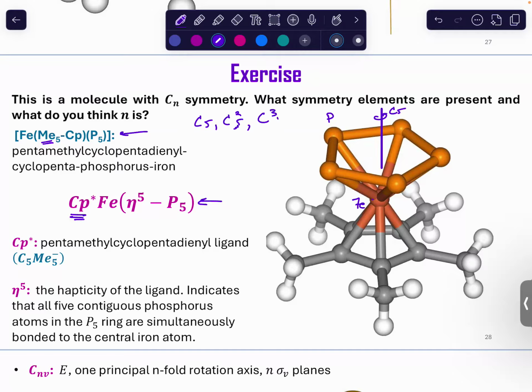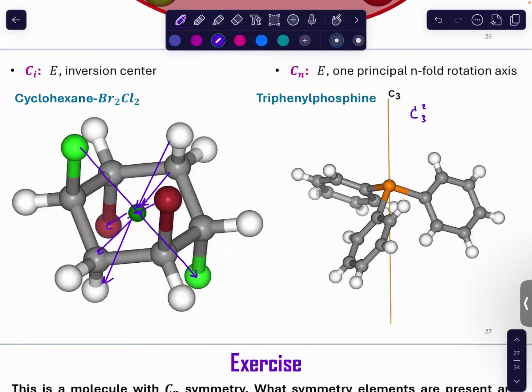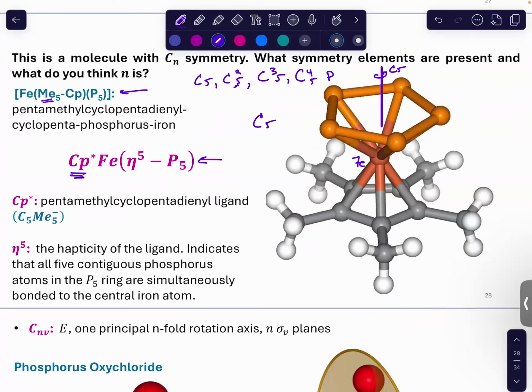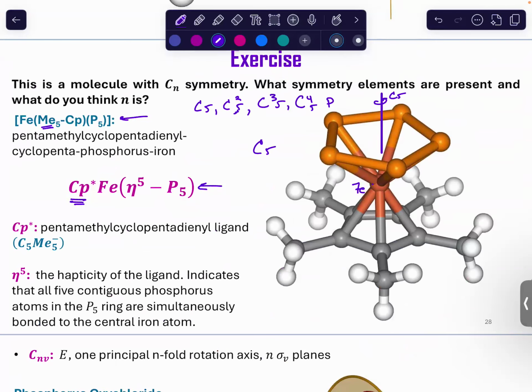C5^3, and C5^4. Those are your unique elements. This is a C5 point group. So if we go back up to our Cn, E and a principal n-fold rotation axis. And so that's all we have here. Just a big molecule with some new things you haven't seen name-wise and idea-wise.